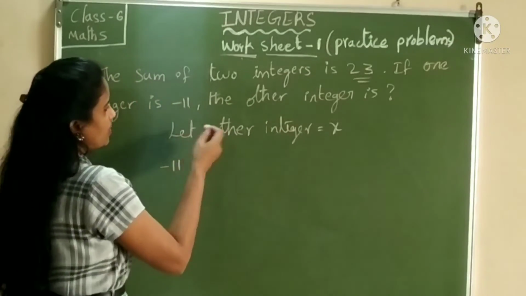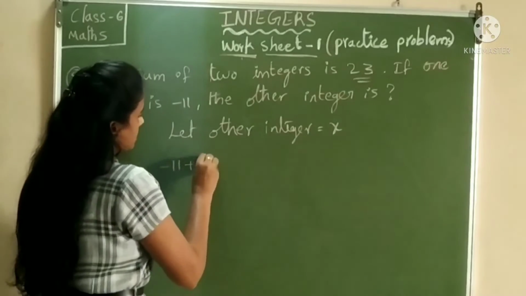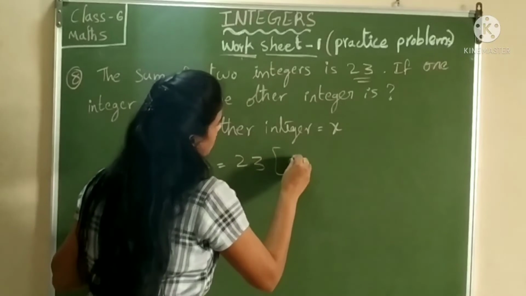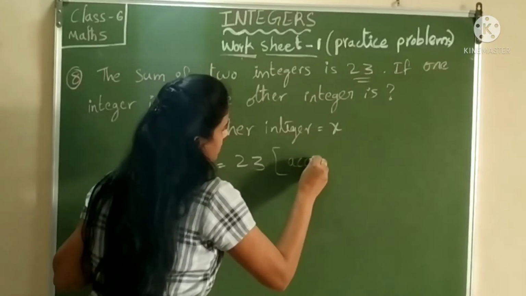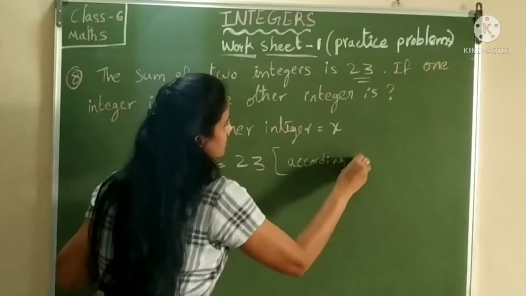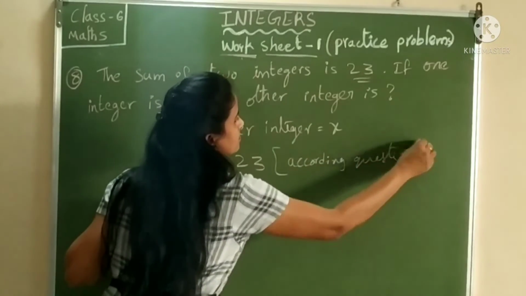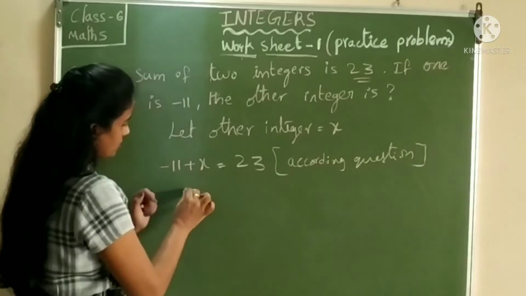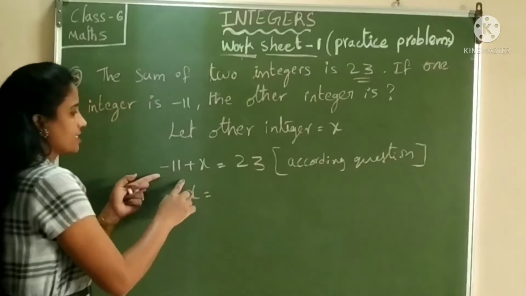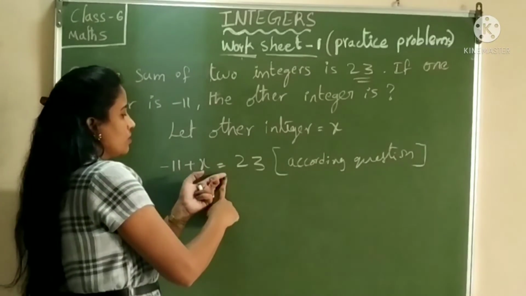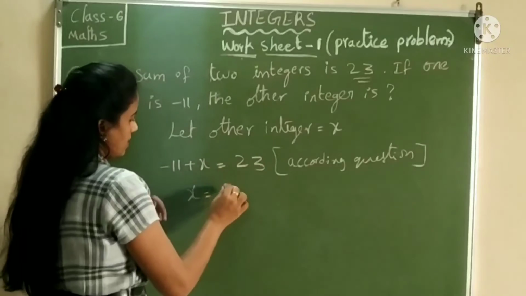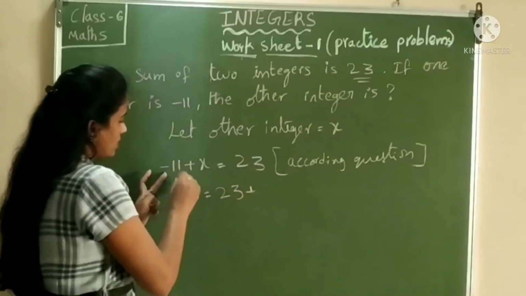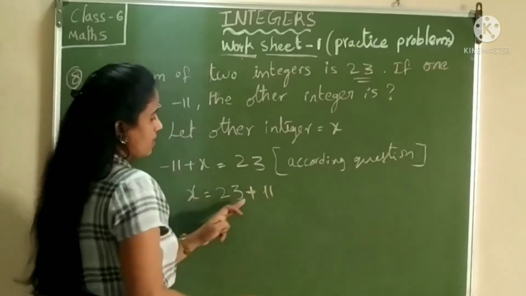So minus 11 plus x is equal to 23, according to the question. So x is equal to 23, and minus 11 moving after the equal sign becomes plus 11.